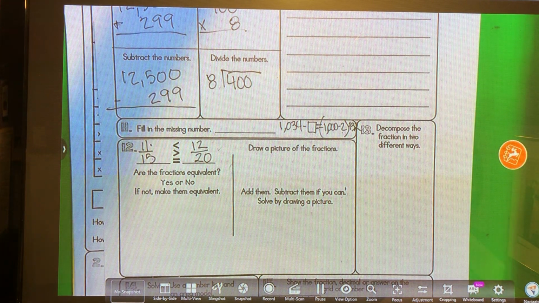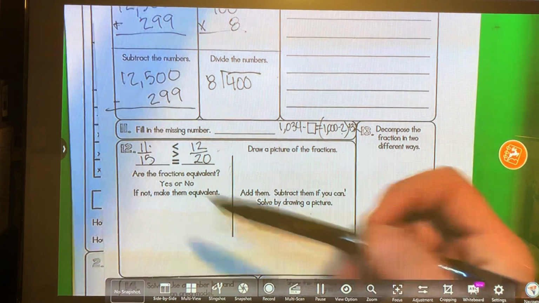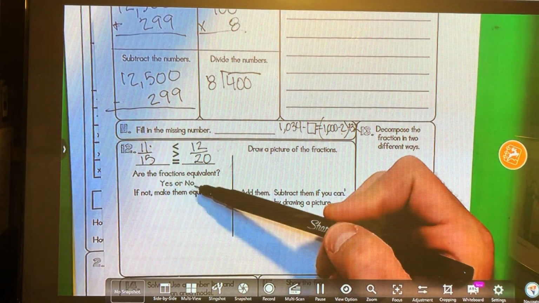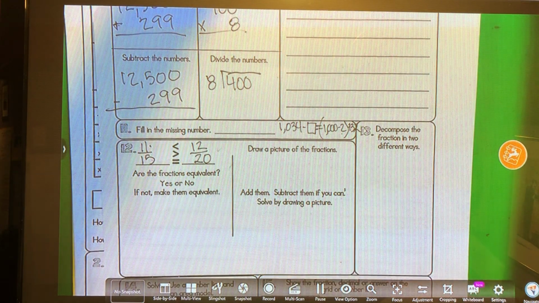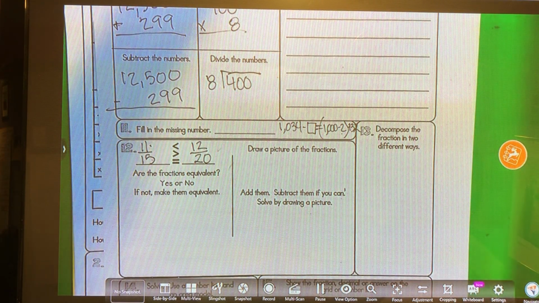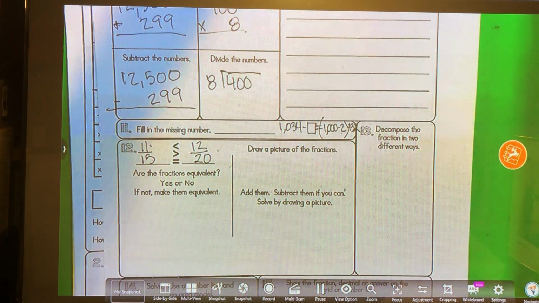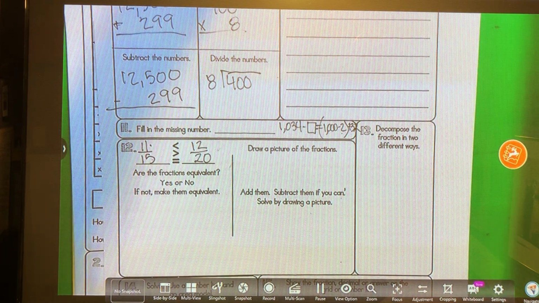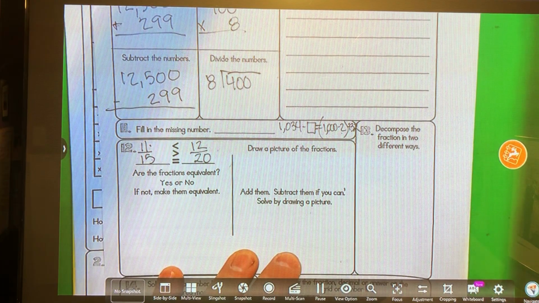So many benefits from just having a conversation about fractions, and not necessarily getting the correct response, but at least you're starting a conversation about comparing fractions. So that is Mountain Math in a nutshell.